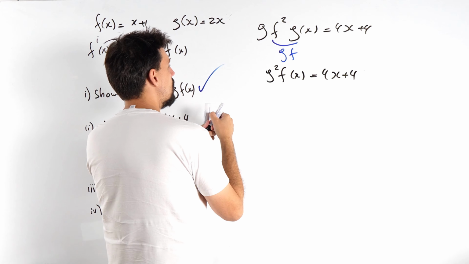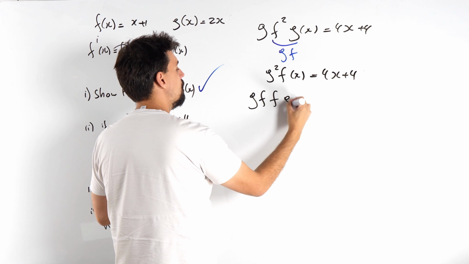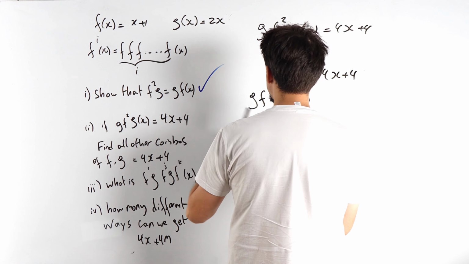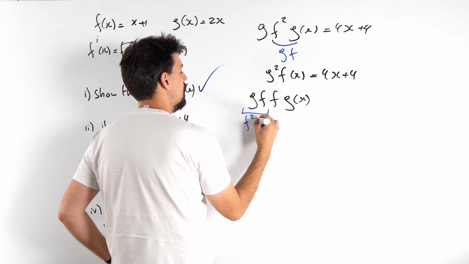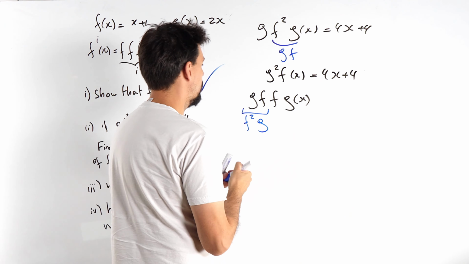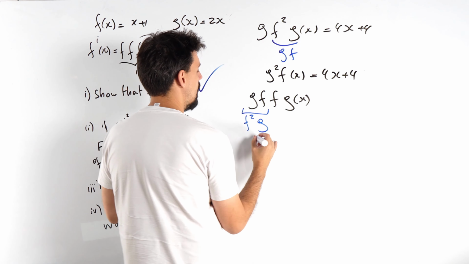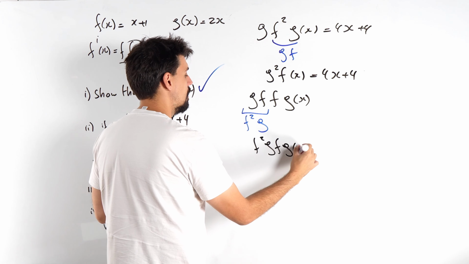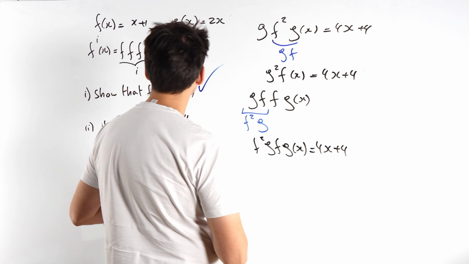But I could also, if I go back to this thing, g f squared is g f f g of x. And I've just said that g f is in fact f squared g. So that tells me that f squared g f g of x is 4x plus 4.